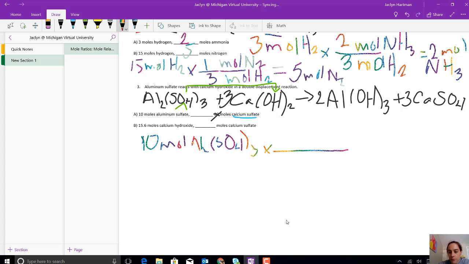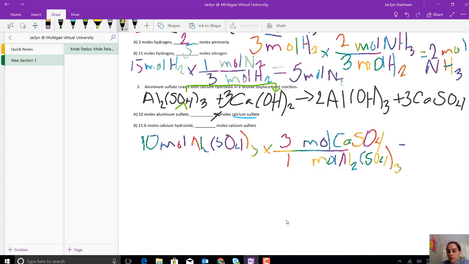Let's drop down our moles of aluminum sulfate, Al2(SO4)3, to moles of calcium sulfate. And again, pull those coefficients in. So out in front of aluminum sulfate, we don't see anything. That means an assumed coefficient of 1. And for calcium sulfate, we have 3. 10 times 3, 30 moles of calcium sulfate.